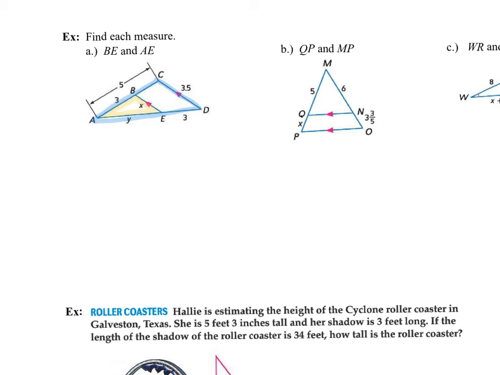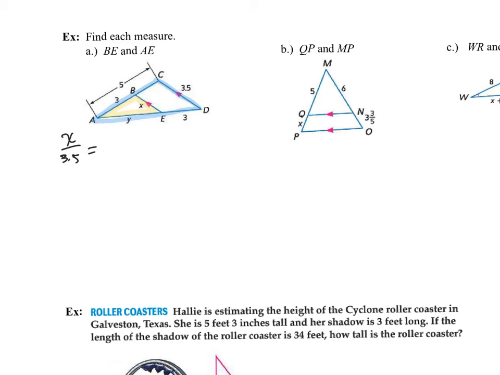So let's see if we can first write a proportion to find X. Let's take the ratio of X to the corresponding side in the blue triangle. X would correspond to 3.5. So I'm going to say X to 3.5 is equal to the ratio of two corresponding sides. Let's compare, how about 3 in the yellow triangle to 5 in the blue triangle? So X to 3.5 is equal to 3/5, okay?